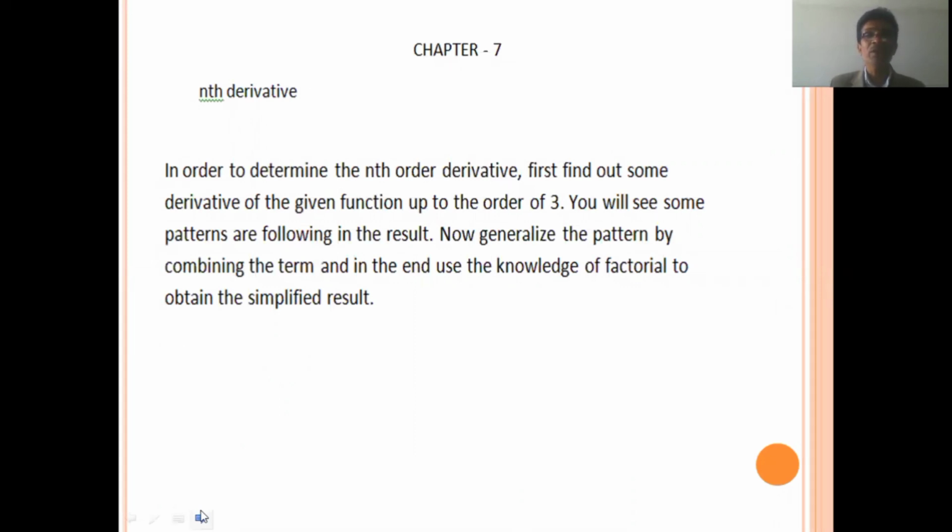In order to determine the nth order derivative, find some derivatives of the given function up to the order of 3. You will see some pattern following in the result. Now generalize the pattern by combining the terms, and in the end use the knowledge of factorial to obtain the simplified result.